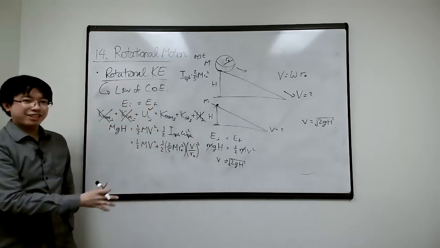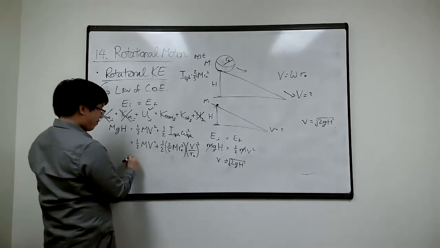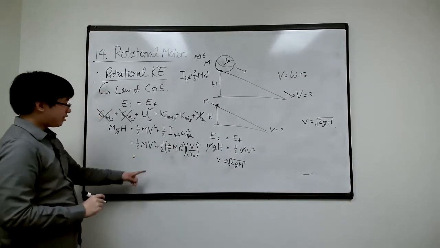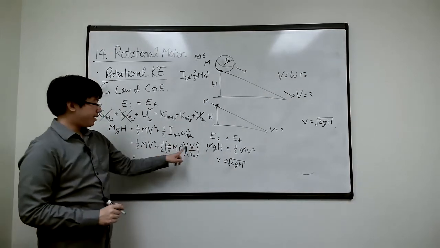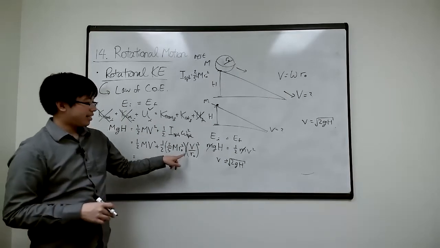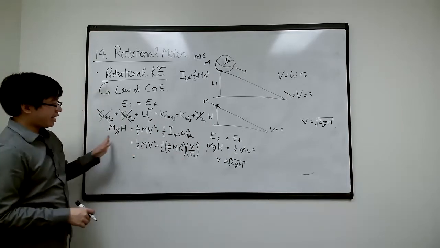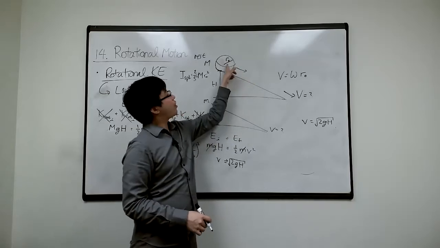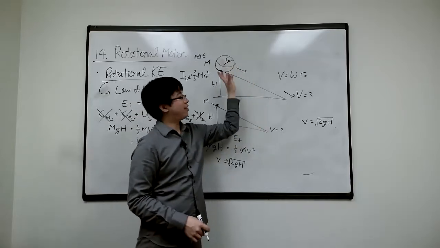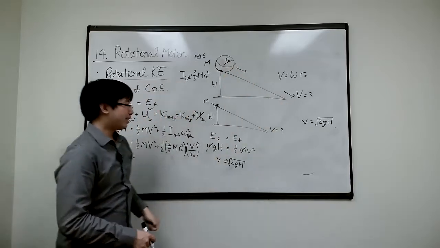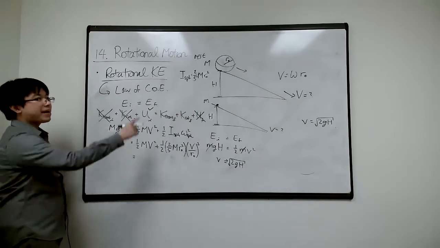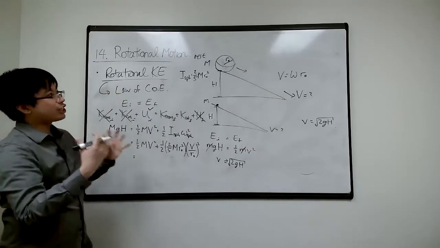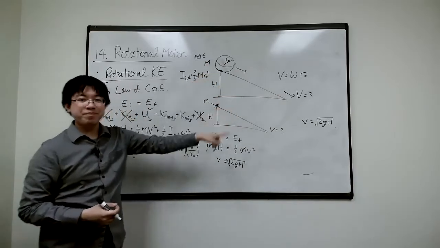The r0 does cancel, so that's nice. What does that tell you? Once I solve for V, I can see in advance that r0 is not going to bother me anymore. This is actually independent of r0. It's quite interesting: the speed when you get to the bottom is independent of the radius. It just depends on the fact that it does spin.